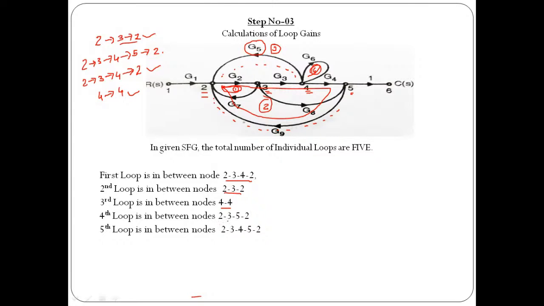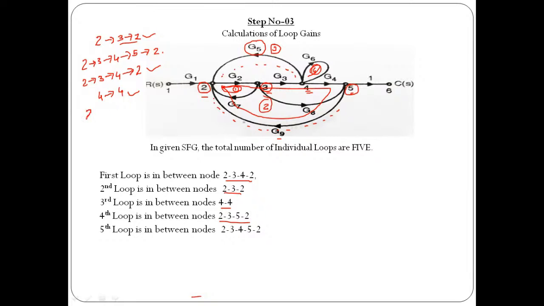Then loop number 4 is 2, 3, 5, 2. 2, 3 and directly 5. Yeah, this portion we have not considered. So starting with node number 2, we move to node number 3, and then from node number 3 directly to node number 5, and then from node number 5 following this particular branch we reach node number 2.